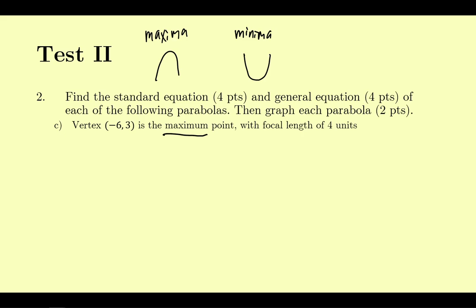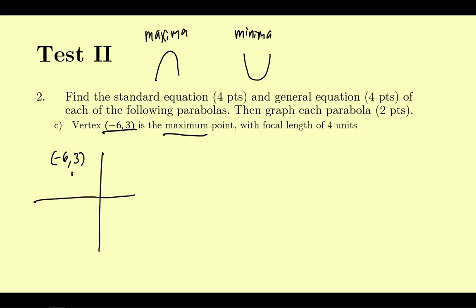So you get the point. If the vertex is the maximum point, that means the parabola is opening downward. Negative 6 and 3. That is in quadrant 2.